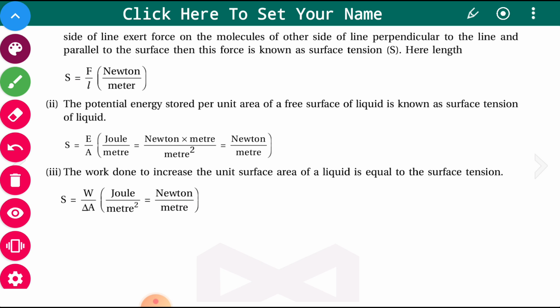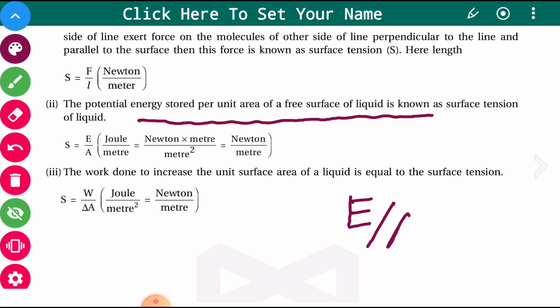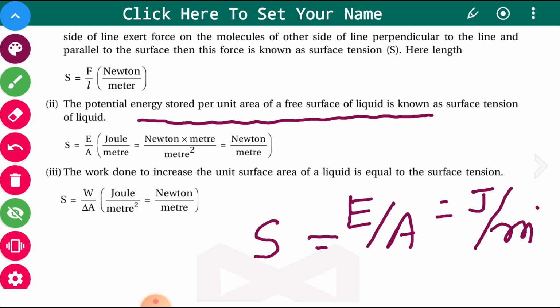Now you can define it in a different way. It is the potential energy stored per unit area of the free surface of the liquid. So the energy per unit area stored in the free surface of the liquid is also defined as surface tension. Its unit is joule per meter square.